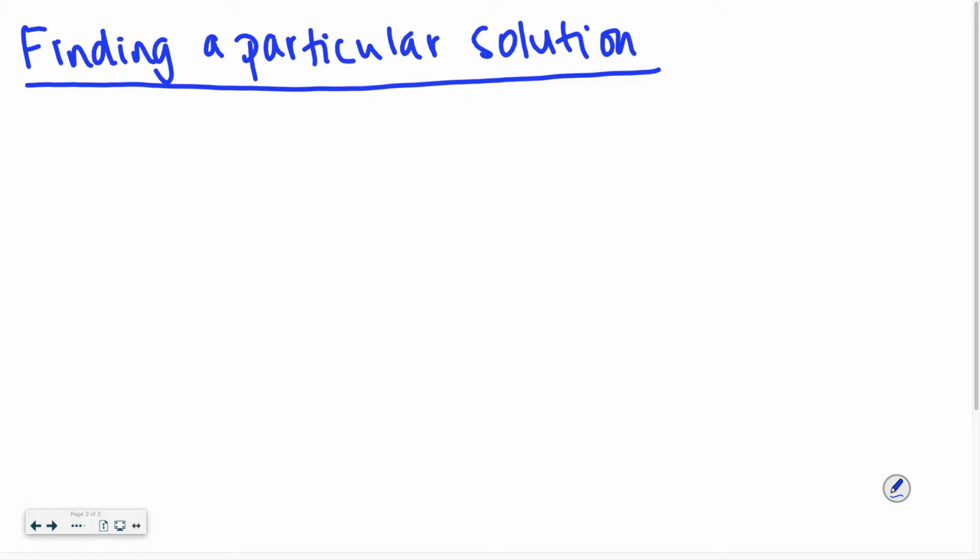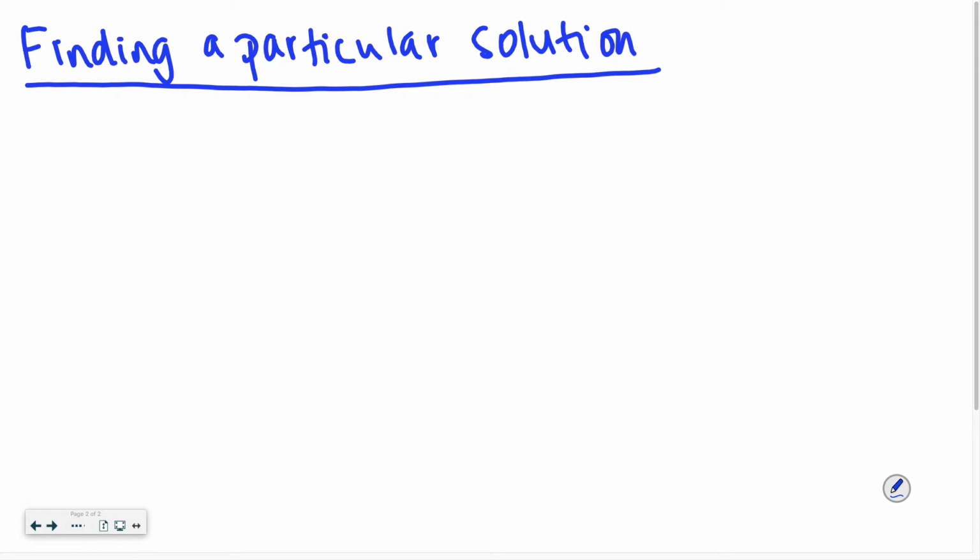But I'm going to give you an additional piece of information about F that would allow you to specifically find the function that has that particular coordinate. Okay? So I'm going to give you, here's a derivative, here's a coordinate on the function, find me the function. Okay?